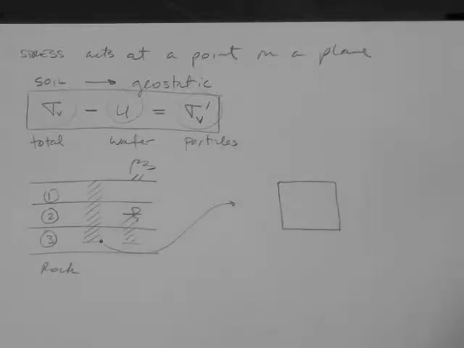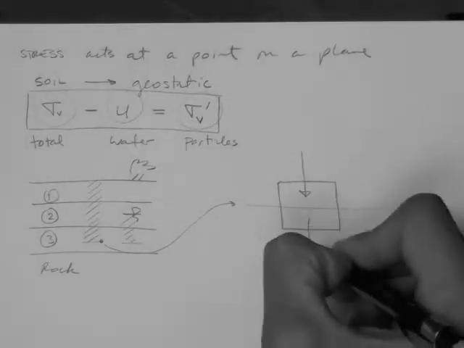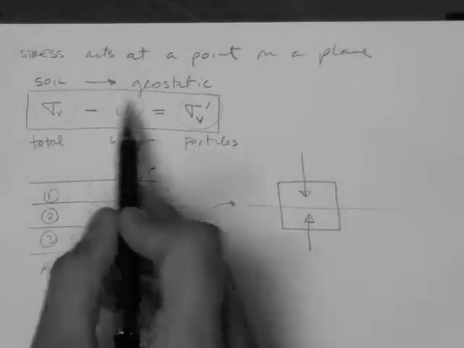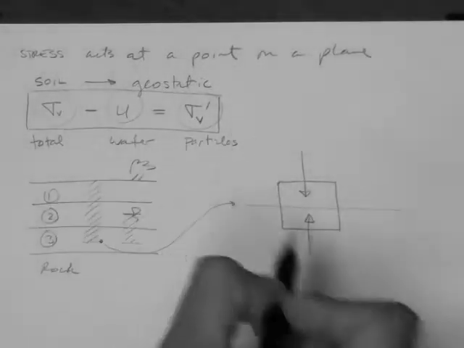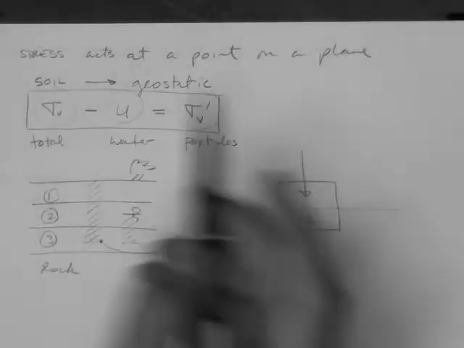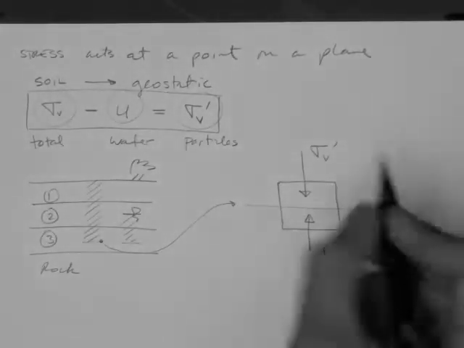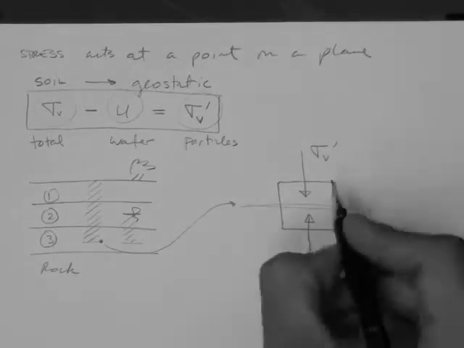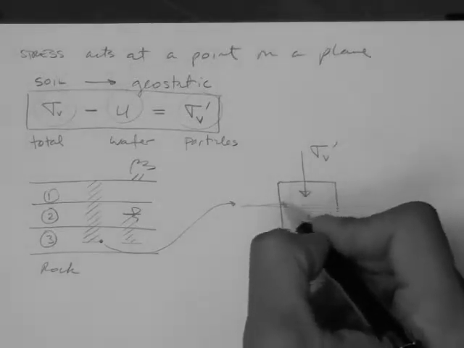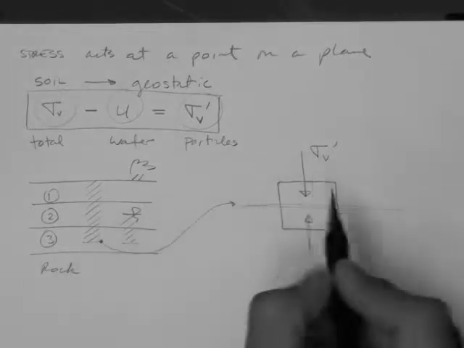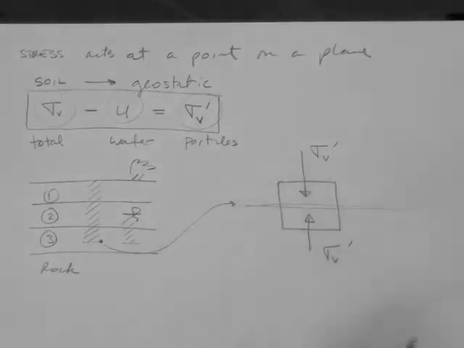We said that the horizontal plane is this one, and the vertical stress, we can choose which one we want to draw, there's actually two of them. So let's say we want to draw the vertical effective stress. The vertical effective stress acts on the horizontal plane at this point. Remember, the point is this whole thing, this under the microscope basically. So we have our vertical effective stress acting on the horizontal plane.